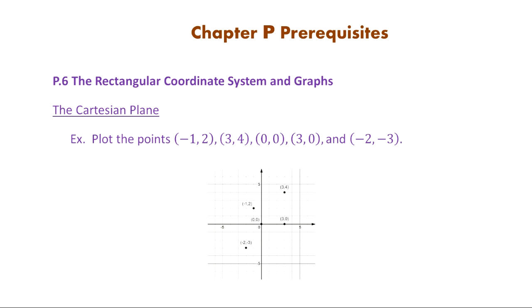And 0, 0 is called the origin, as we already know. 3, 0 is just the point you get by moving from the origin 3 units right on the x-axis. -2, -3 is the point 2 units left and 3 units down from the origin. Okay, so these are the coordinates of the points.